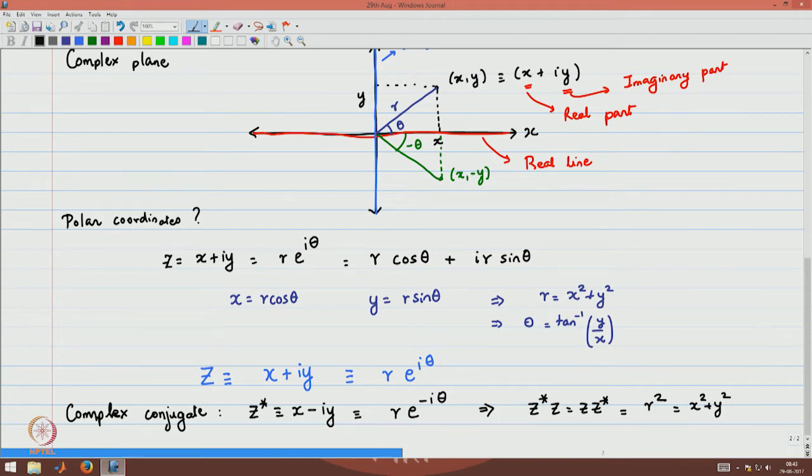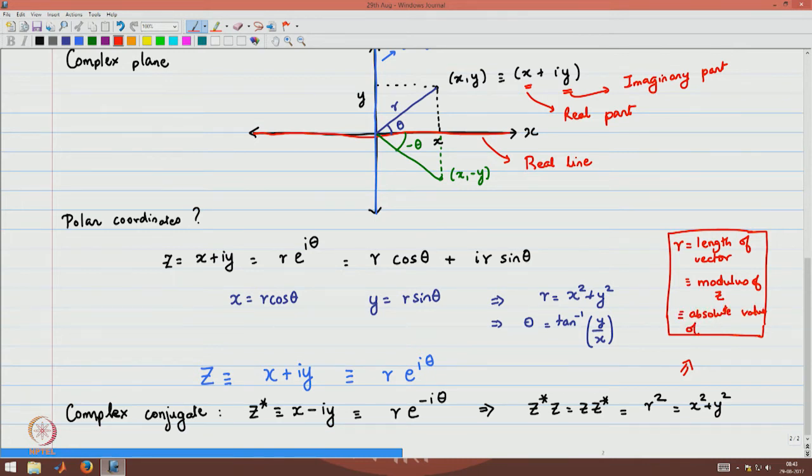Now, analogous with 2 dimensional vectors, r is identified as the amplitude of the vector or the length of the vector. So r is equal to the length of the vector, or it is equivalently called the modulus of z, or equivalently the absolute value of z.